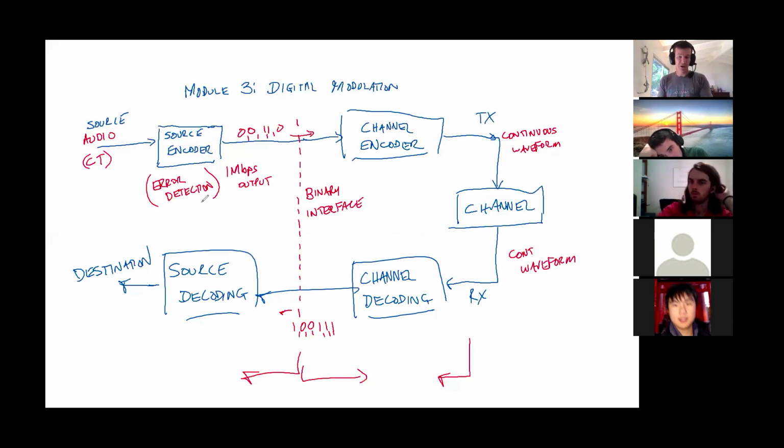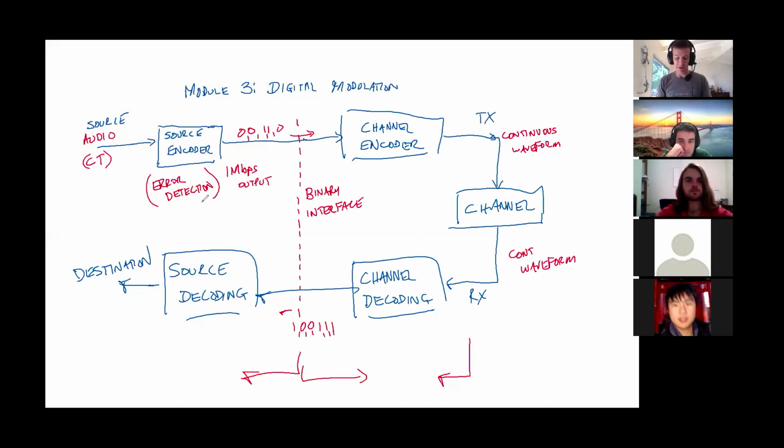I could choose to just send those bits and then basically cross my fingers and hope that none of them get flipped. Because if any of them get flipped, then what is going to come out on your end of the audio is going to sound different than what I'm saying. An alternative approach would be, let's take the bits that represent what I'm saying and then inject some extra bits into there.